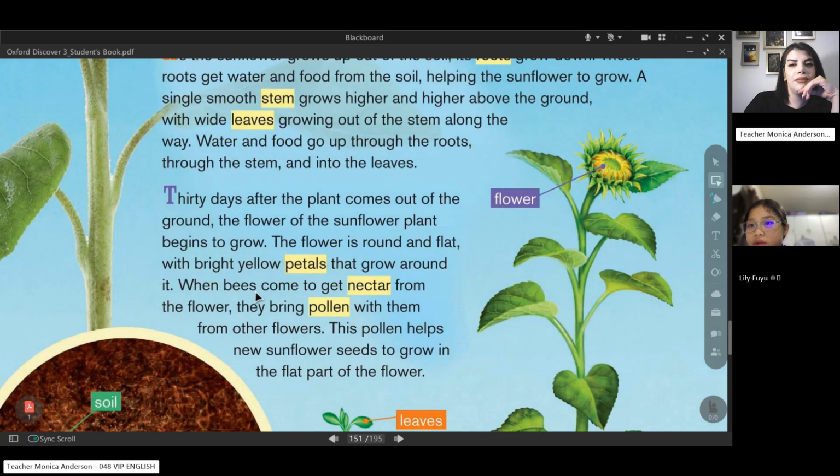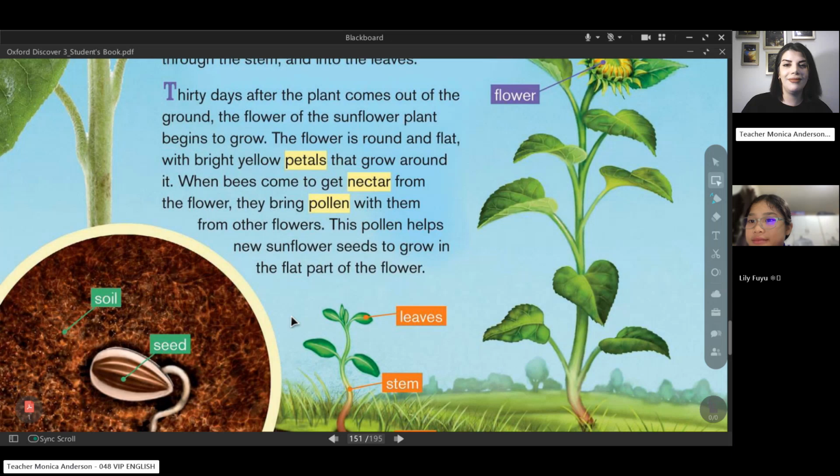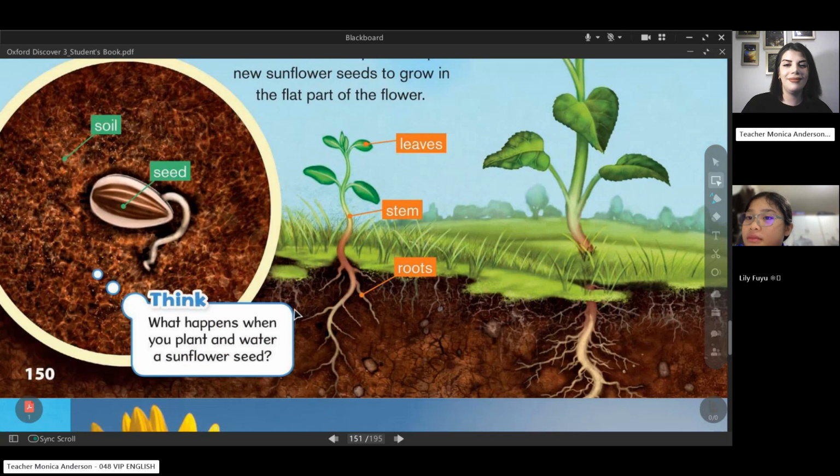Thirty days after the plant comes out of the ground, the flower of the sunflower plant begins to grow. The flower is round and flat, with bright yellow petals that grow around it. When bees come to get nectar from the flower, they bring pollen with them from other flowers. This pollination helps new sunflower seeds to grow in the flat part of the flower.